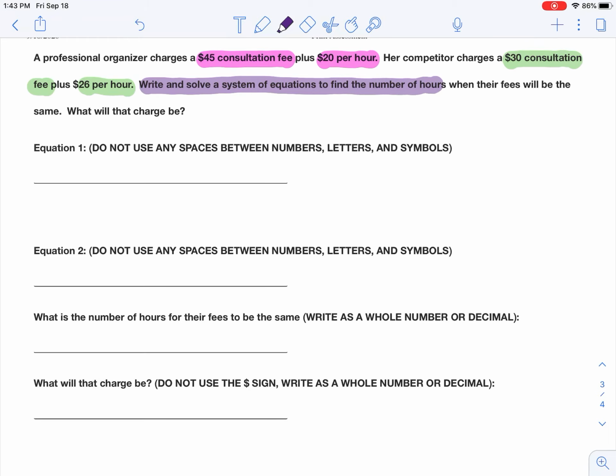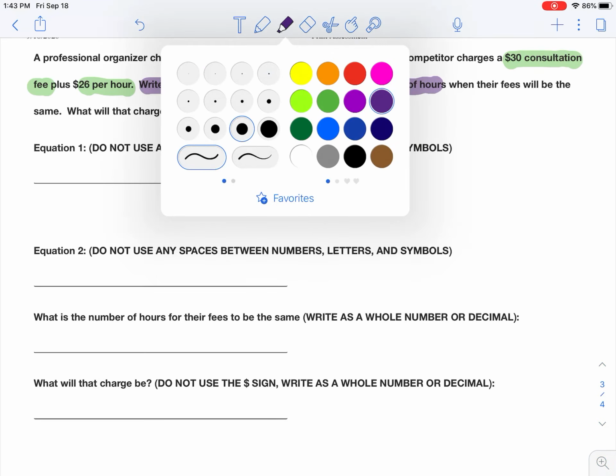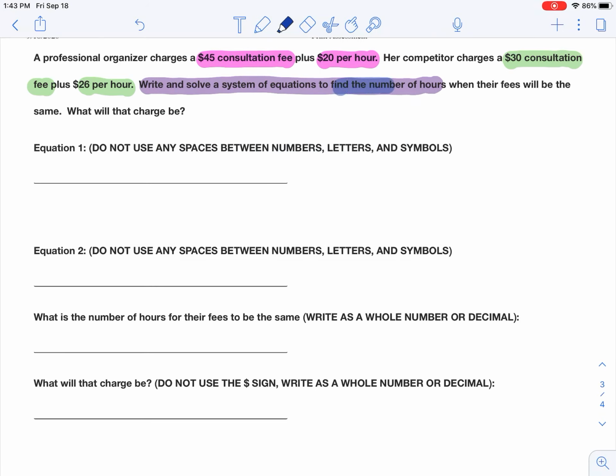We want to find the number of hours when their fees will be the same, and what will that charge be. So let's start by defining some variables. This first sentence, we're going to define two variables.